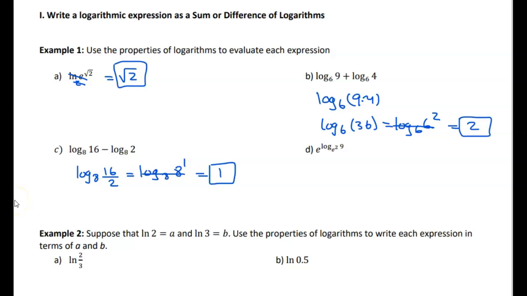And this one, e to the log base e squared of 9. That one's interesting. Let's see if we can change the format of this. So this is log base e squared of 9 equals log base e of x.